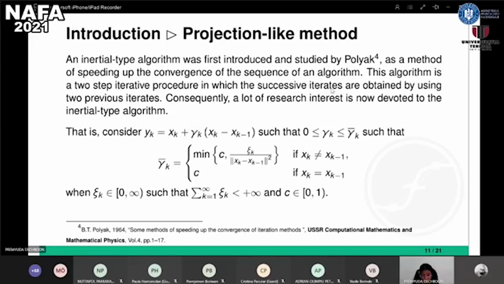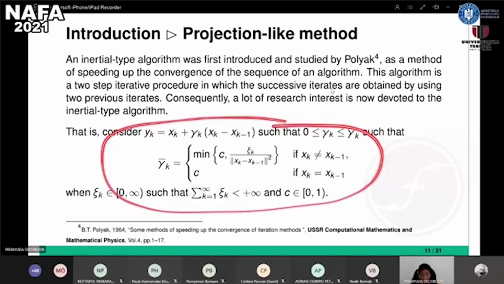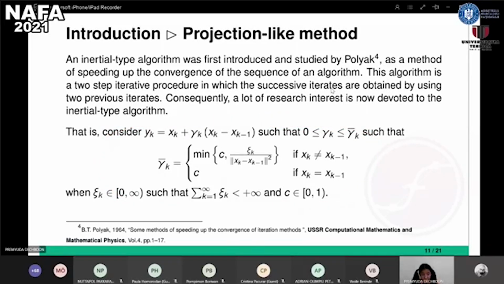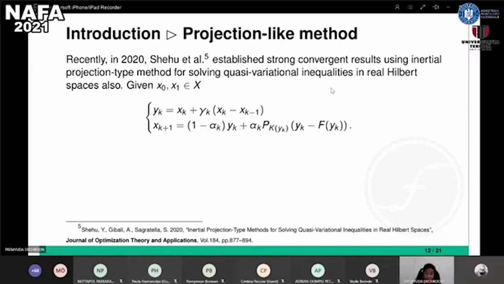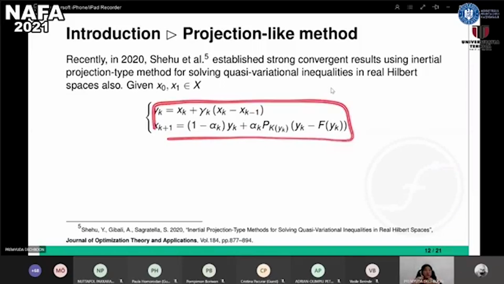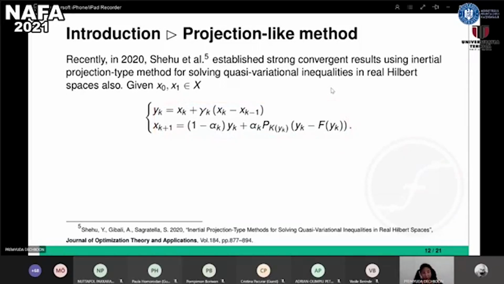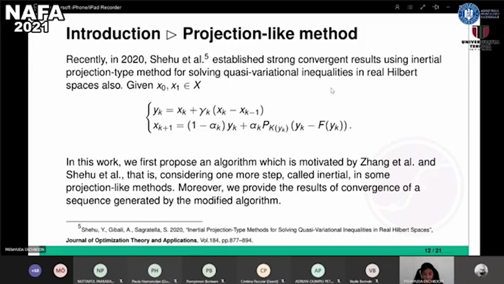So the algorithm looks like this one. Also in 2020, Chen-Hu exhibited a strong convergence result for an inertial projection type method in a real Hilbert space, given by this one. So from these three algorithms, we propose a new algorithm with the inertial step.